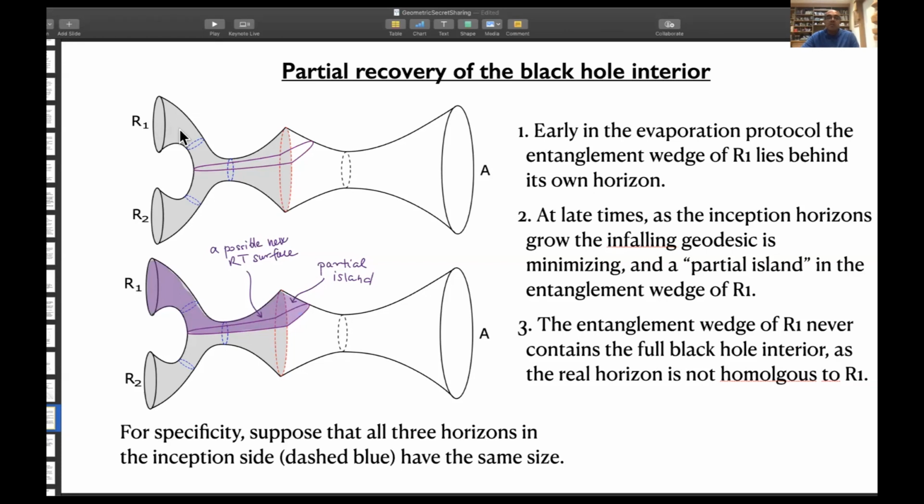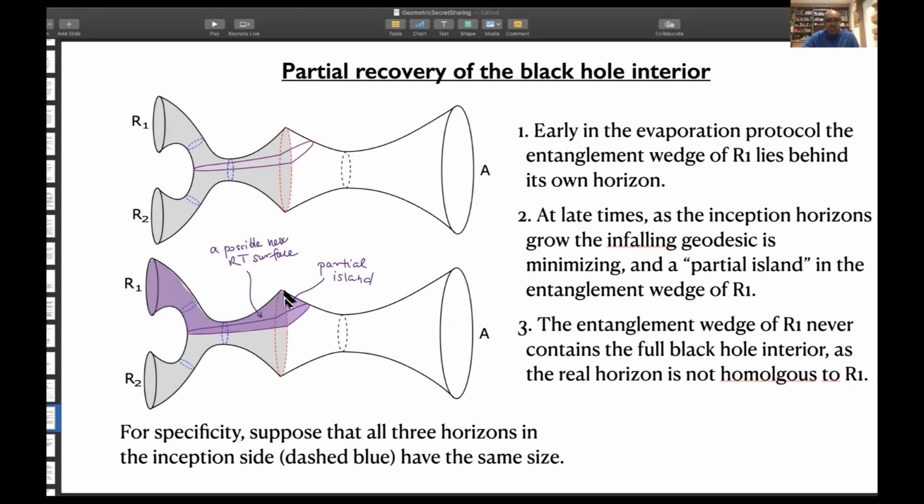horizon. But at late times, as these inception horizons grow, as this dashed blue line becomes big, there's a shorter geodesic that is homologous to R1, a shorter minimal surface, and that's this purple line, the infalling geodesic. Then the entanglement wedge of R1 becomes all of this purple region over here, so it includes a partial island inside the black hole.